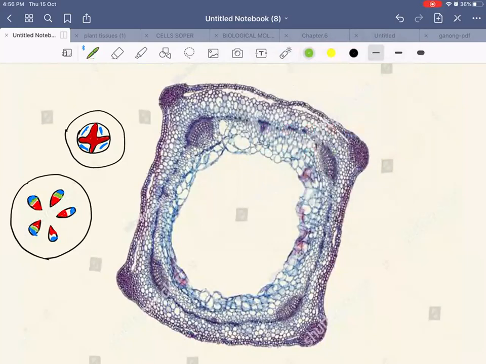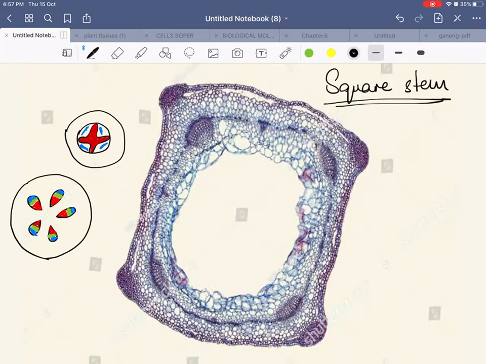The cambium may or may not be visible. Actually, cambium is a layer of living cells which, as they grow, differentiate into phloem and xylem. So here we can see a stained slide of a transverse section of a dicot stem. Sometimes we also give the name square stem to this slide. It looks like a square, okay?